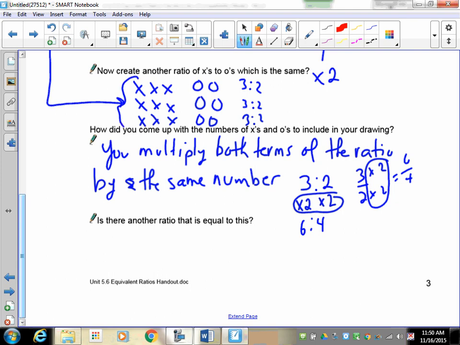You multiply by 3, there are an infinite number that you can use. Okay? So there is an infinite amount of equivalent ratios, just like there's an infinite amount of equivalent fractions.